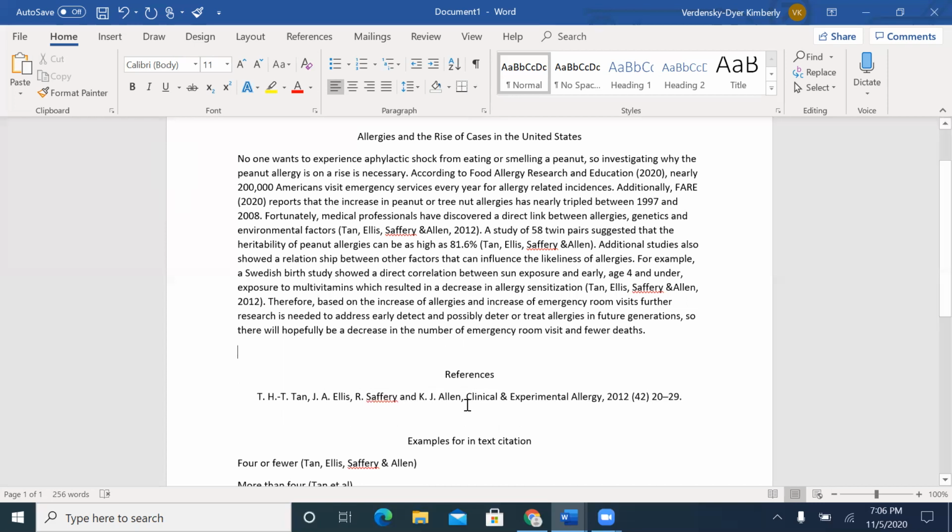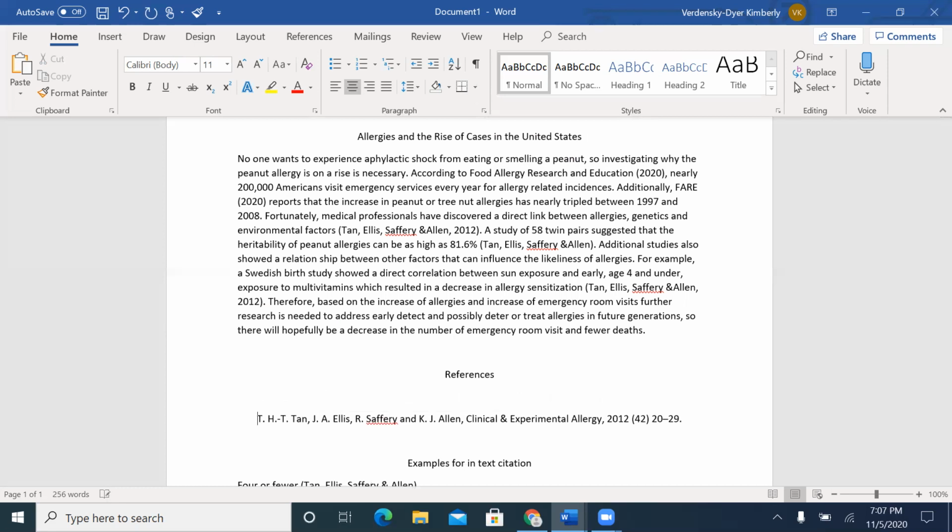There's one other thing that I'm missing, and that's the complete citation for that second source. So we need to go back and do our citation for Food Allergy Research and Education. So I know I need the name of the organization and the year of publication because APA requires both of those things. Let me go ahead and hit enter because I also know that APA sources are in alphabetical order.